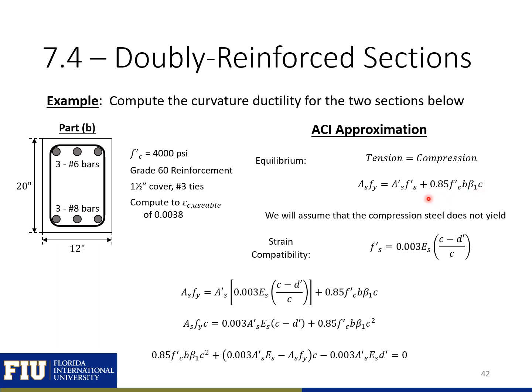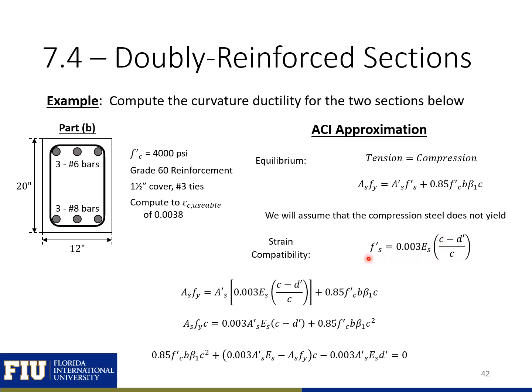We're going to assume that our compression steel doesn't yield, which is most often the case, and we'll use a linear strain profile to relate our stress in our compression steel to our compression block depth c.